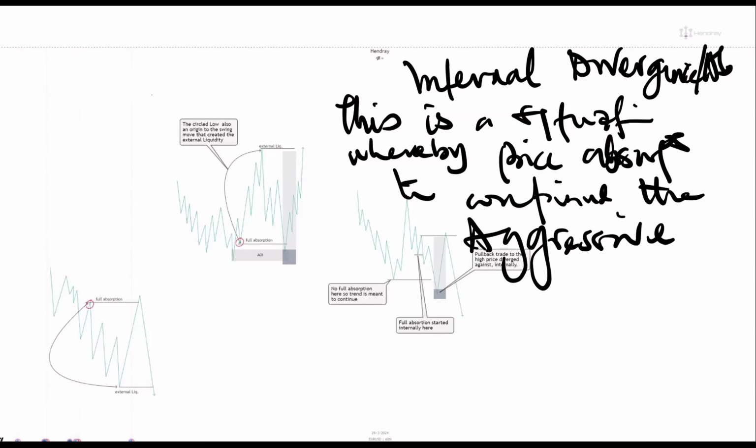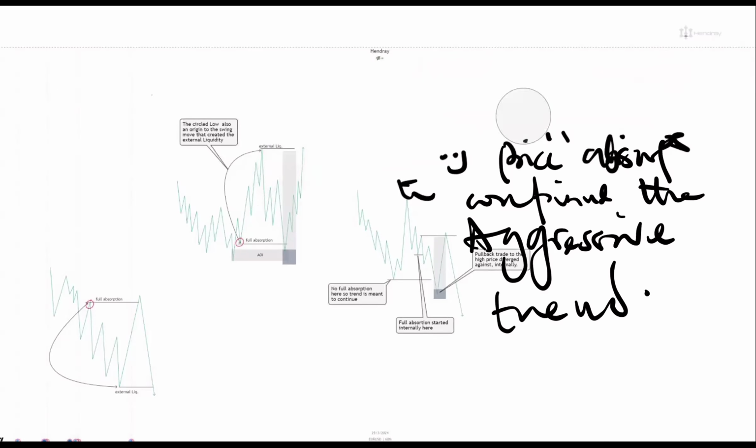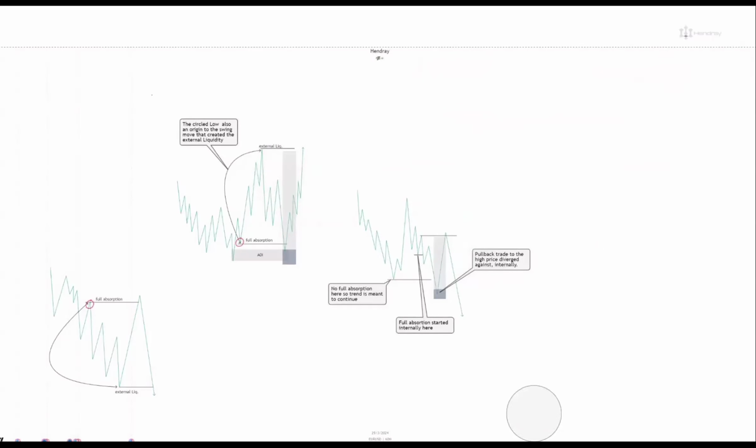Price absorbs to continue the aggressive trend. So that is the situation of internal divergence.